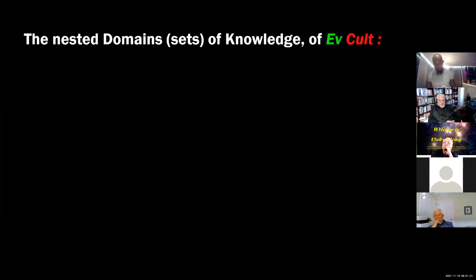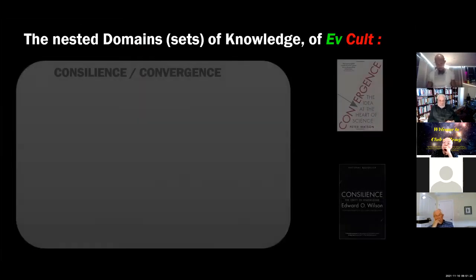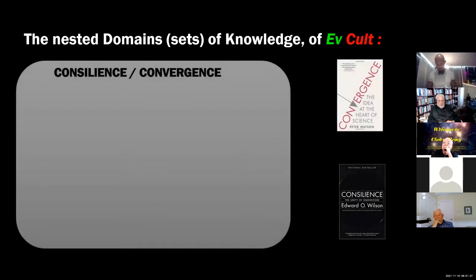And so, in a nutshell, what is EvCult, or evolutionary culturology? We start with consilience or convergence. So people may be familiar with Ed Wilson's book on the bottom right from 1998, Consilience. More recently, Peter Watson had a great book called Convergence in 2016, talking about how all the disciplines are overlapping and linking up now.